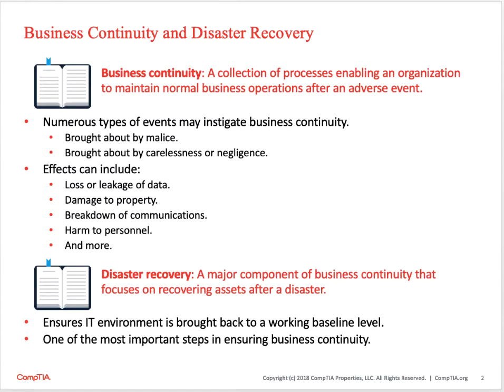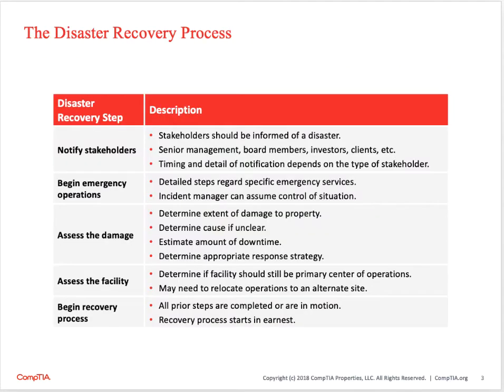When it comes to the disaster recovery process, we're going to first want to notify our stakeholders, right? Our stakeholders should be informed of a business critical disaster. Our stakeholders are going to be people like our senior management, our board members, our investors, our clients, suppliers, employees, possibly the public, right?